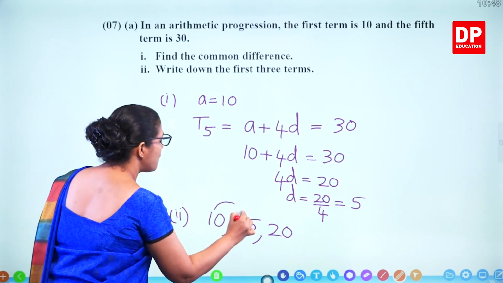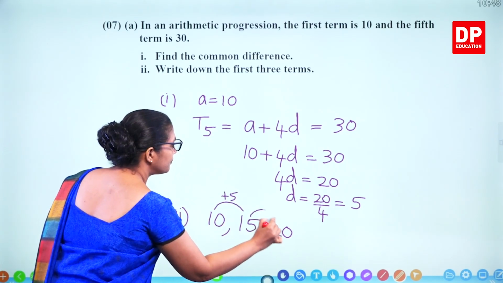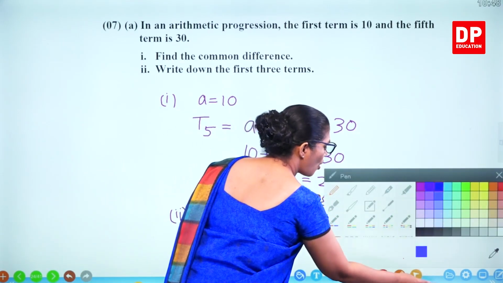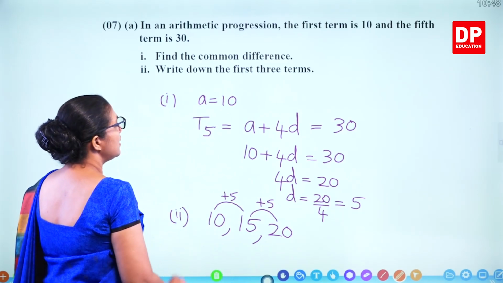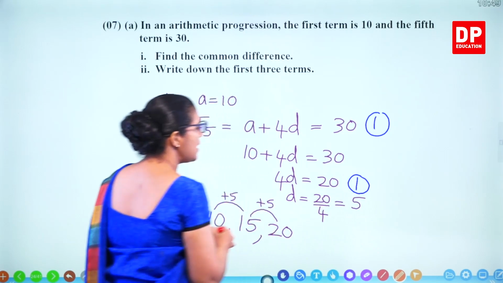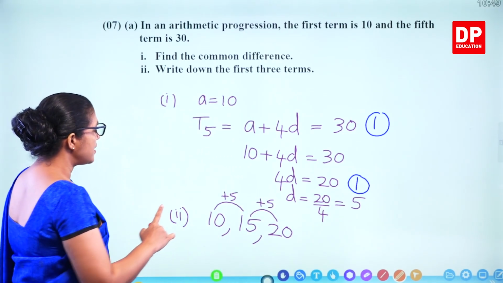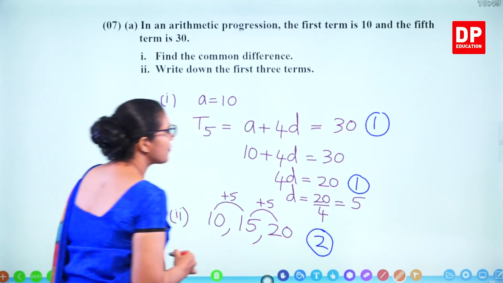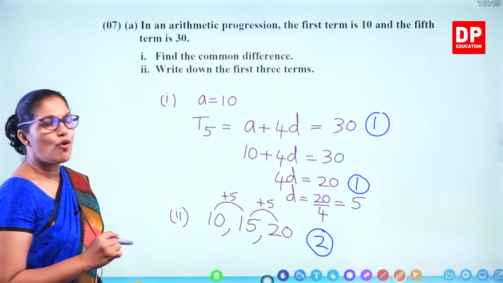So you need to add 5 to that. So how many marks can you get? Writing this equation 1 mark and finding D 1 mark, and writing down these 2 you get 2 marks. So 4 marks for this step.